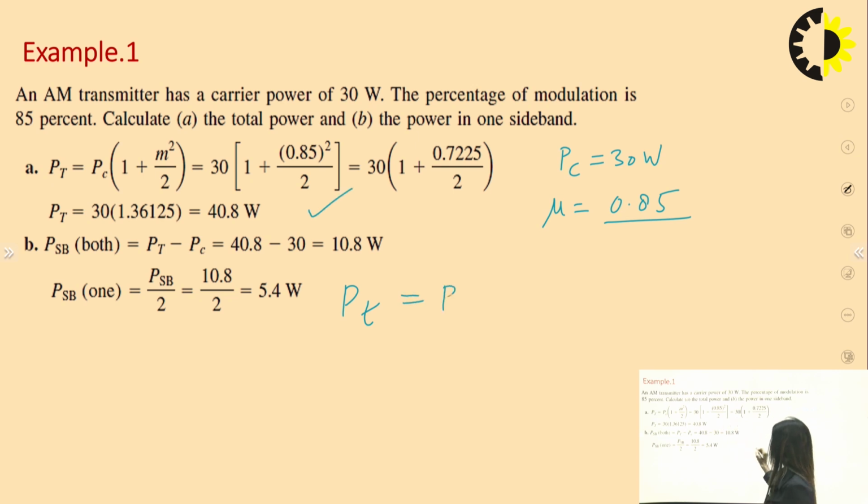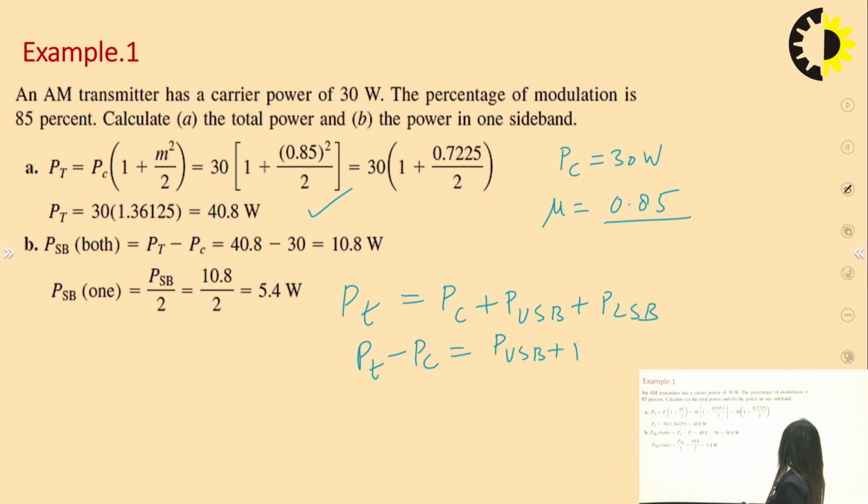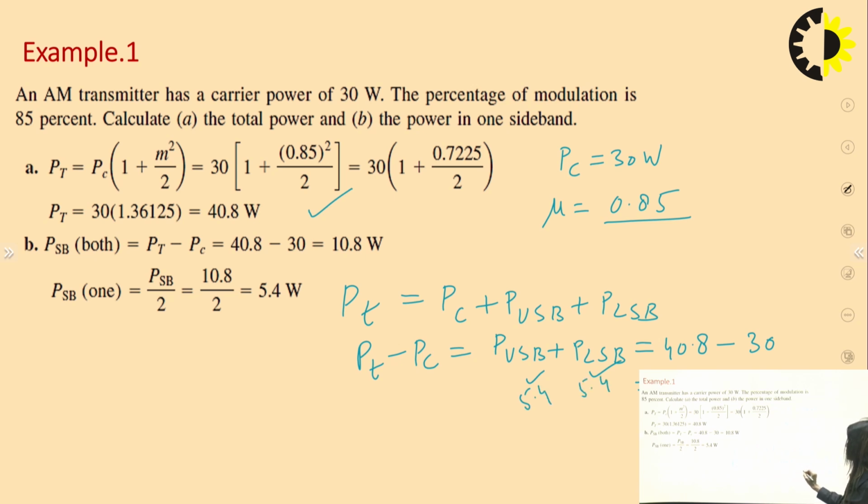PT is equal to PC plus PUSB plus PLSB, so PT minus PC is equal to PUSB plus PLSB. PT is equal to 40.8, minus PC which is 30, so we get 10.8, and since these two powers are equal, each will come out to be 5.4 and 5.4.